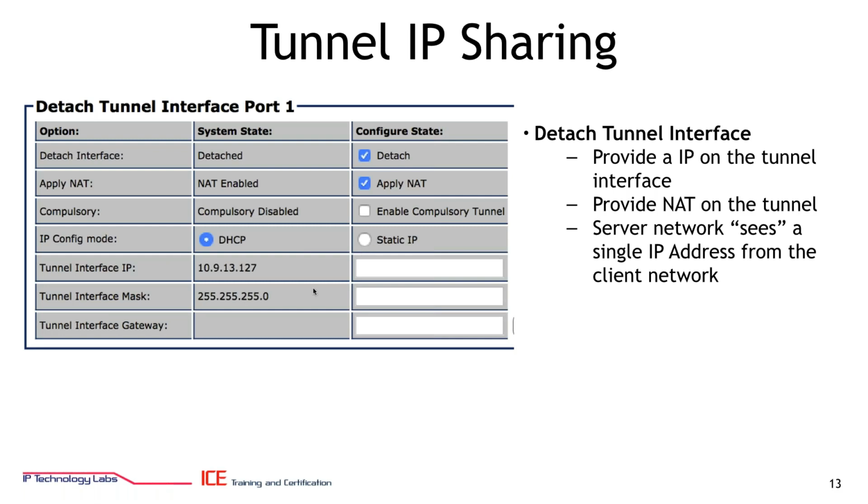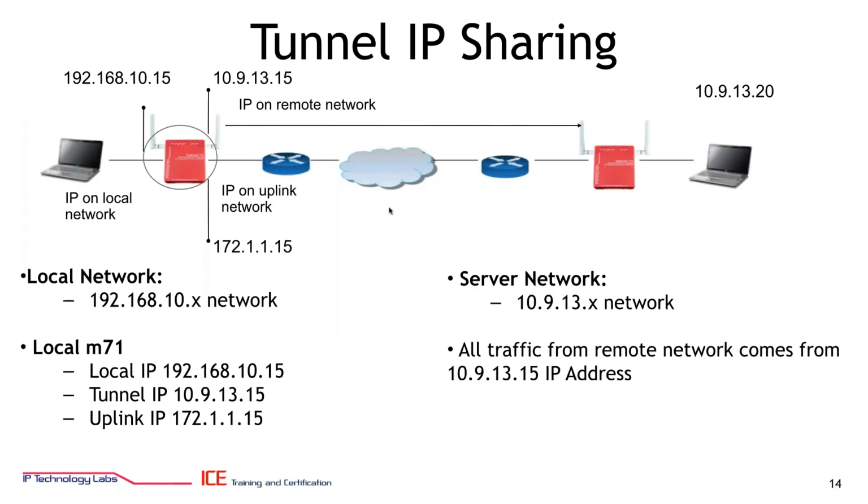So basically what we're doing here is we're setting up a tunnel to a server network. Once the tunnel comes up, we detach the interface, and we're sending DHCP requests down through the tunnel. When we get that DHCP address back, we apply that to our interface, and then we can apply NAT. So any traffic that goes through that interface is using the IP address that we received from the DHCP server at the head office.